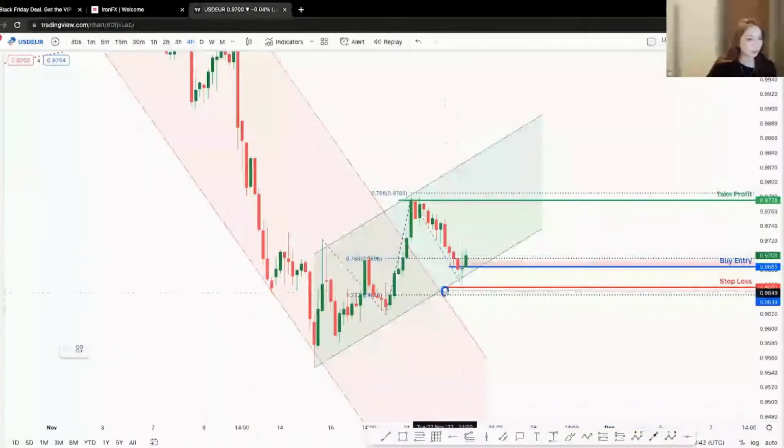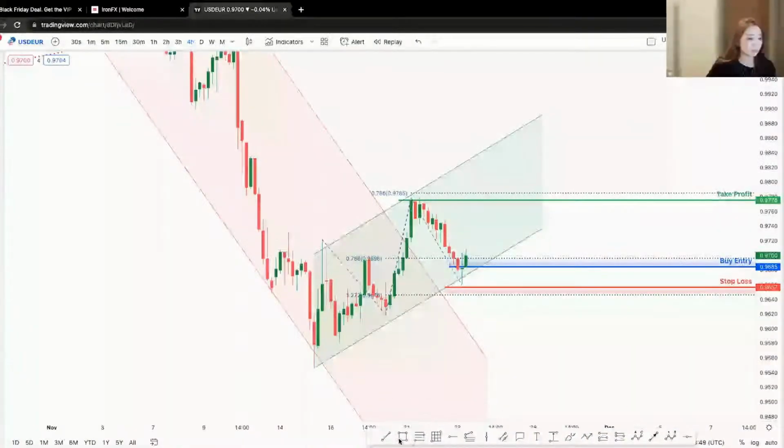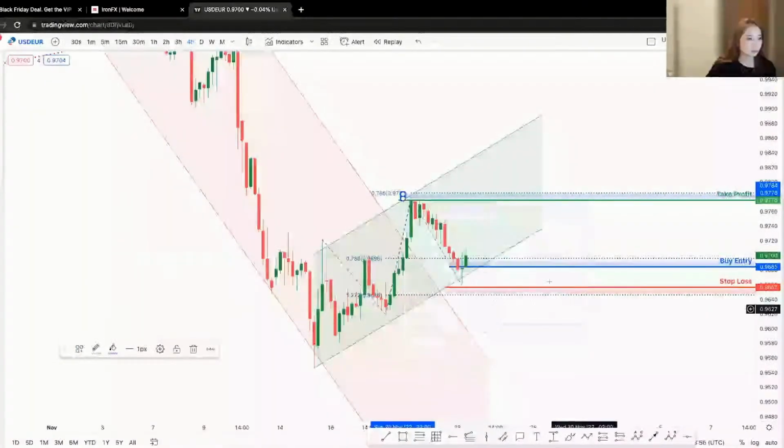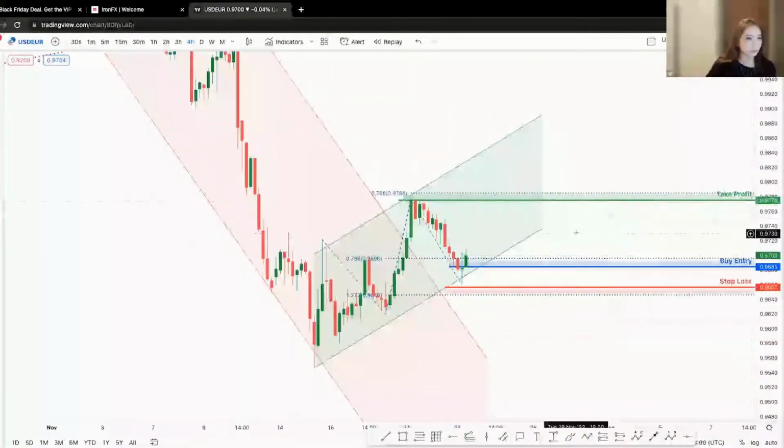Looking at a stop loss over here. However, this is a very small trade.